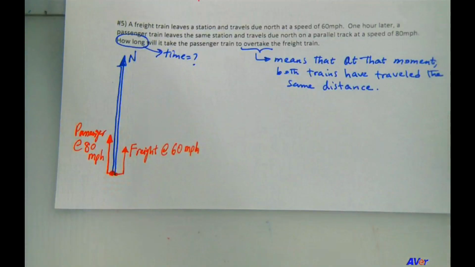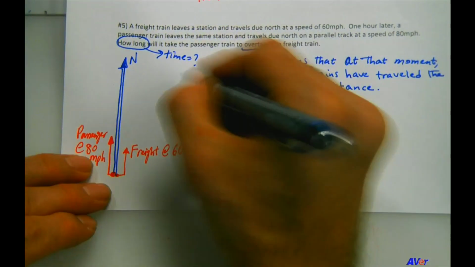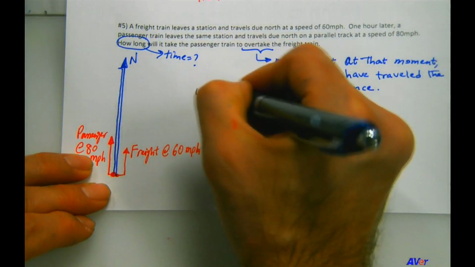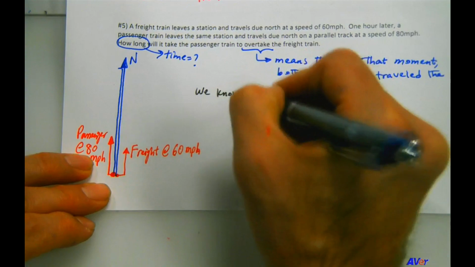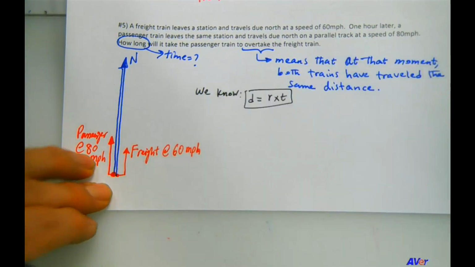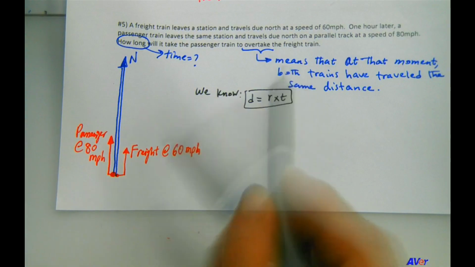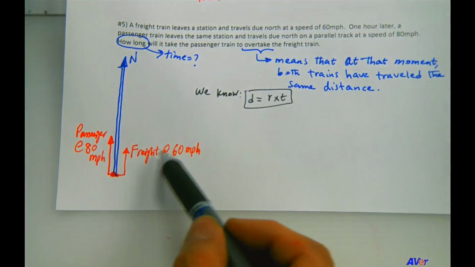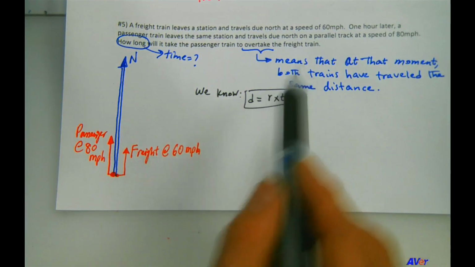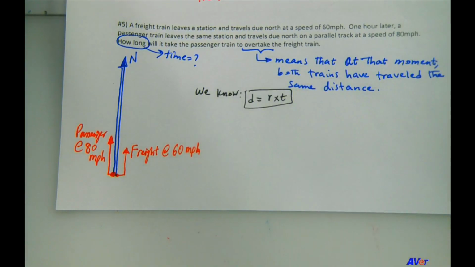Okay, so let's write that down. We know d is equal to r times t. Right? And the definitions are given earlier for d, r, and t. So, if the passenger train is to overtake the freight train, at that moment, they both have traveled the same distance.